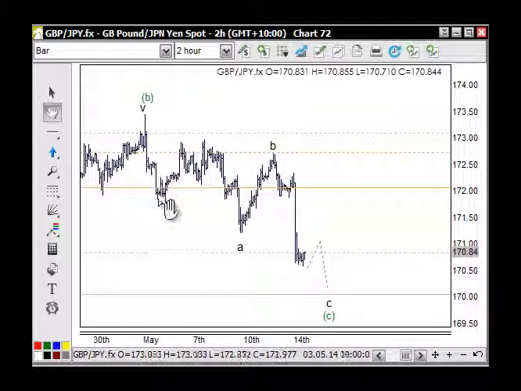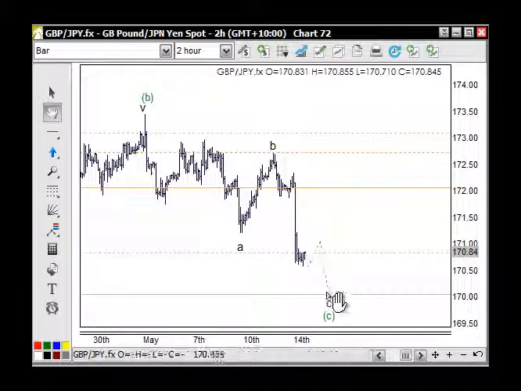So an A and a B and a C, and 1, 2, 3, 4, 5, so to speak. That's what we're looking for here. But we can't expect too much out of the last leg here because the extension's in the 3rd wave. So the wave 5 here will be roughly the same size as wave 1 here.